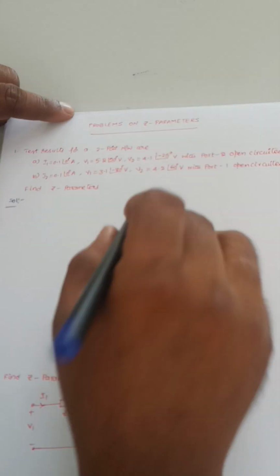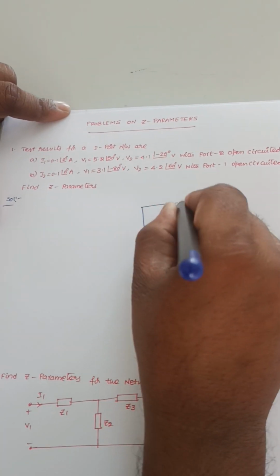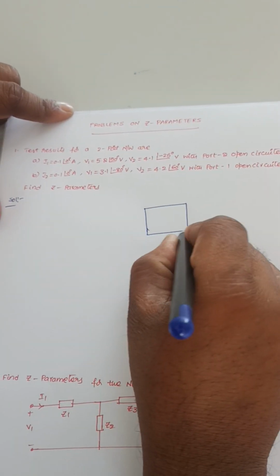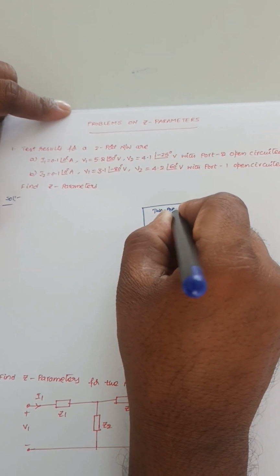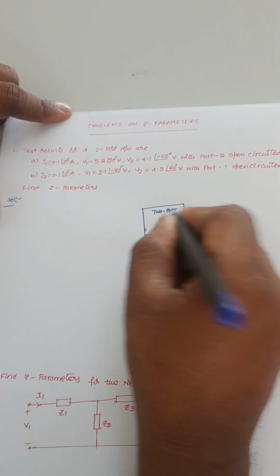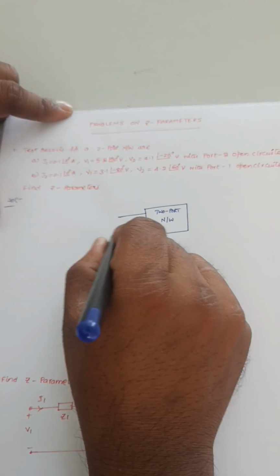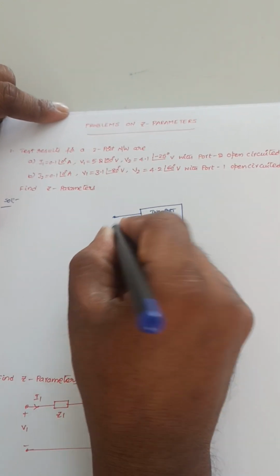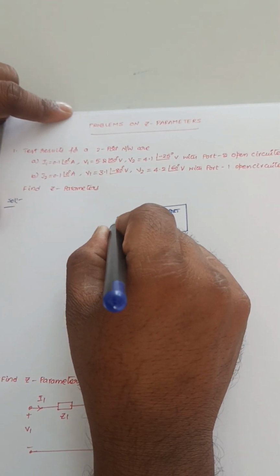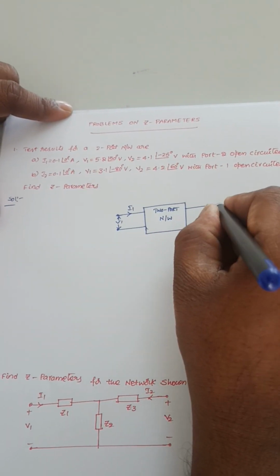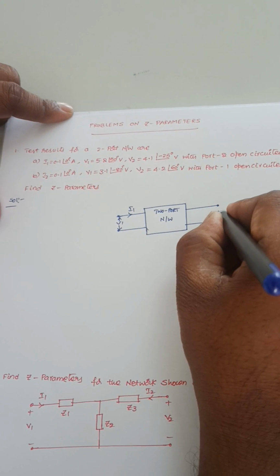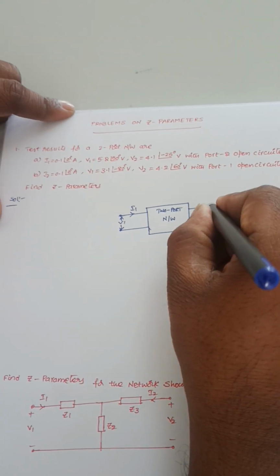There is a two-port network. For this two-port network, we know that this is V1 and this is I1, this is V2 and this is I2.